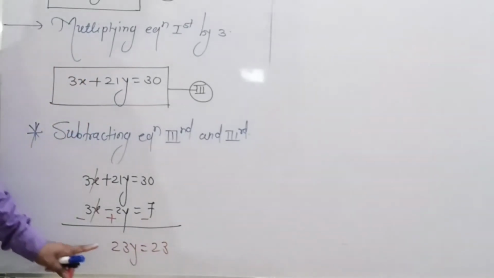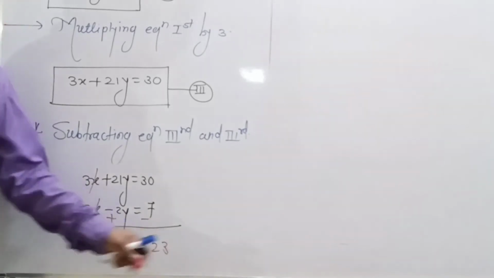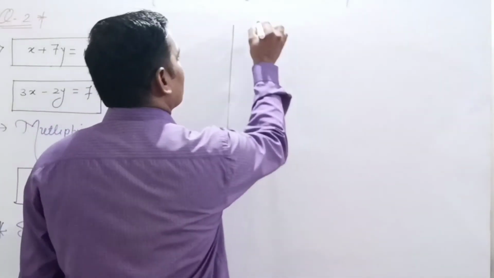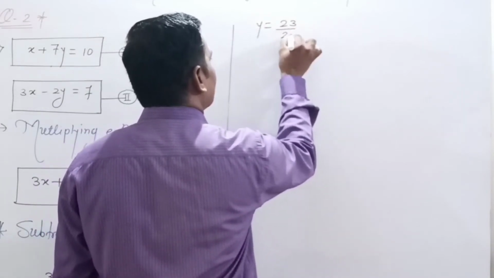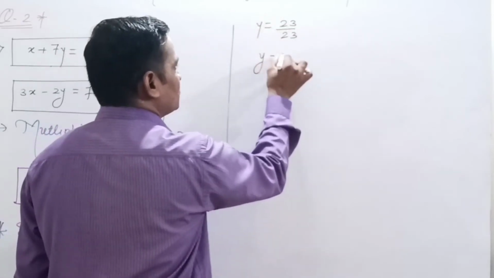So let's find out the value of y. Now transfer this 23 to the RHS. So it will become y is equal to 23 upon 23. 23 ones are 23. So y is equal to 1.